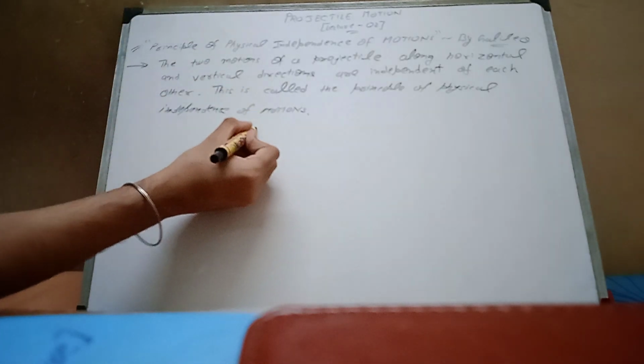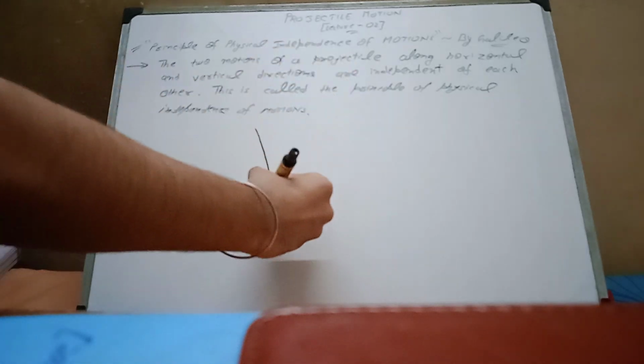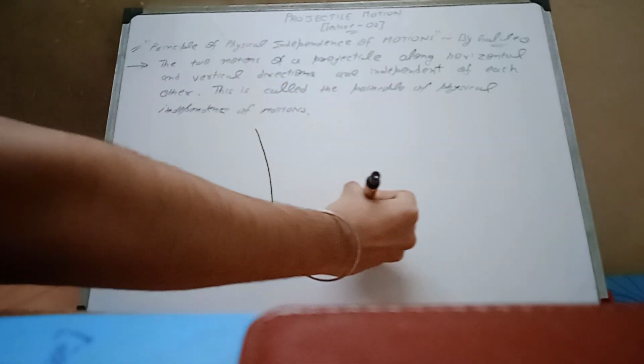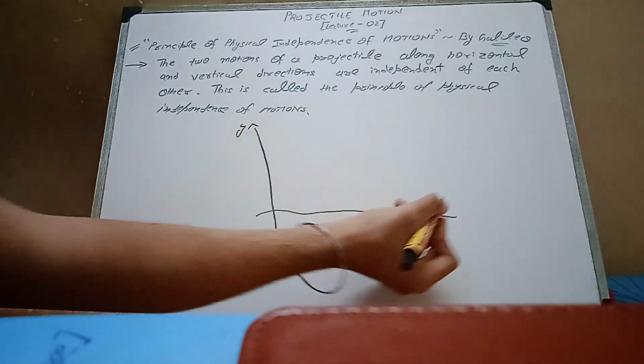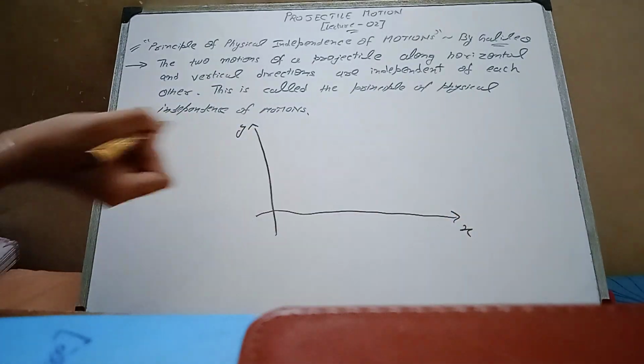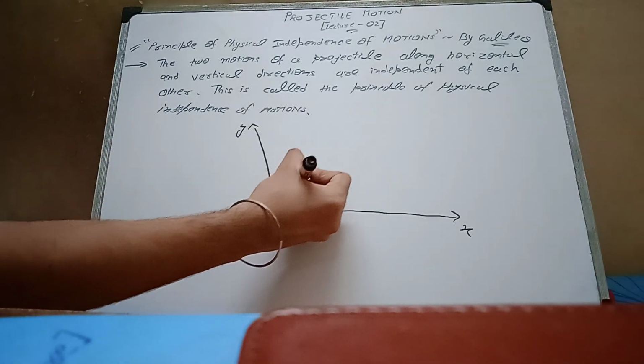So what this statement means is, let's suppose we have a projectile like this. Let's suppose this is the y-axis and this is the x-axis, right? And this is our projectile.